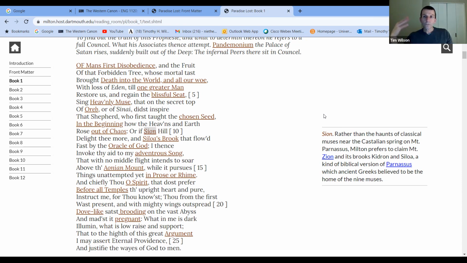Milton's a studier of language, studies words. He knows words, and by the time he wrote the poem, he had spent, and if we don't have a chance to discuss it in class, it's in the lecture notes, a little bit of his background, how he studied profusely to try to be ready to be a poet.